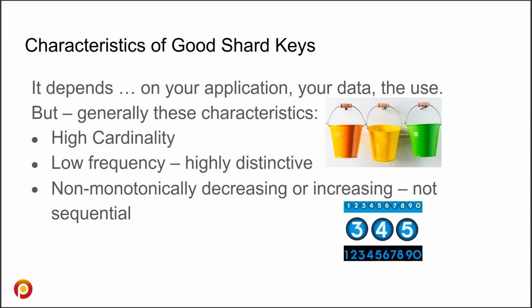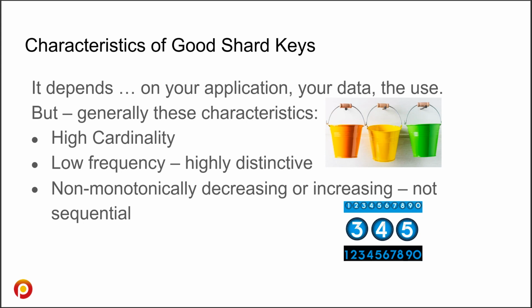So, some characteristics of good shard keys. What does a good shard key look like? As usual in the database world, the answer is it depends, again, on your application, your data set, and the use cases.